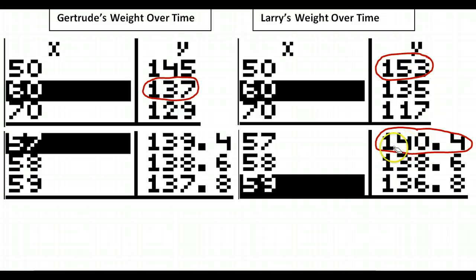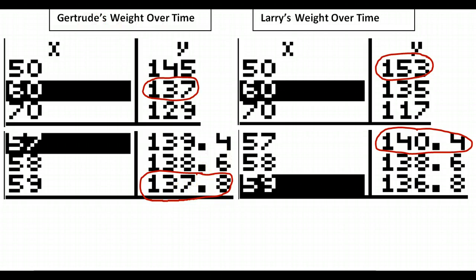Okay, Larry weighed more, so I circled Larry. By the time we got to 59 weeks, who weighed more at 59 weeks? Now Gertrude weighs more, 137.8 compared with 136.8. Okay, so Gertrude weighed a pound more. So we went from Larry weighing more at 57 weeks to Gertrude weighing more at 59 weeks.